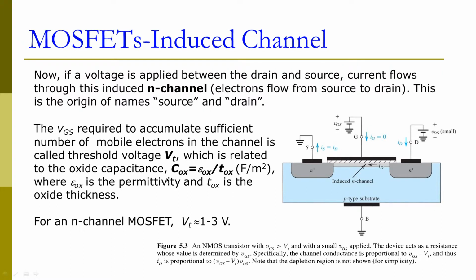The oxide capacitance can be calculated by the formula here, where epsilon OX is the permittivity and TOX is the oxide thickness. So the oxide capacitance is this permittivity divided by the thickness. For an N-channel MOSFET, this threshold voltage is about 1 to 3 volts.